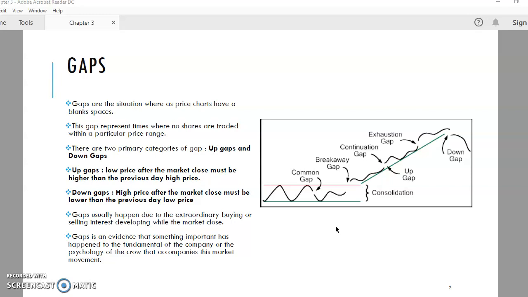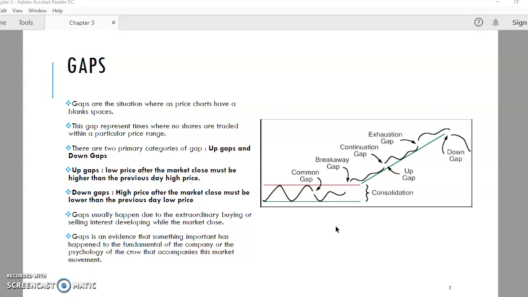Why? Because the market is open higher than the previous close. However, the confirmation of that gap up will only appear when the market closes.